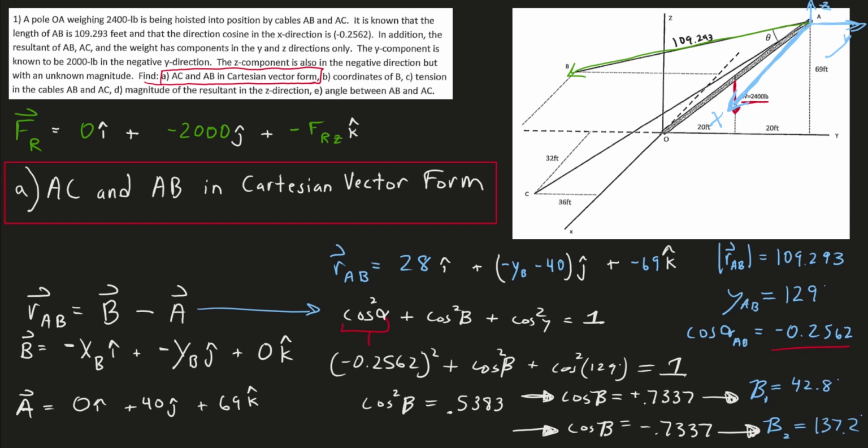So we have something to measure angles from. So in this case, the definition of beta is the angle from the positive y-axis to the vector itself. Now looking at that angle I've drawn, there's no way that's going to be an acute angle like 42 is. So it's definitely going to be the obtuse option, the 137.